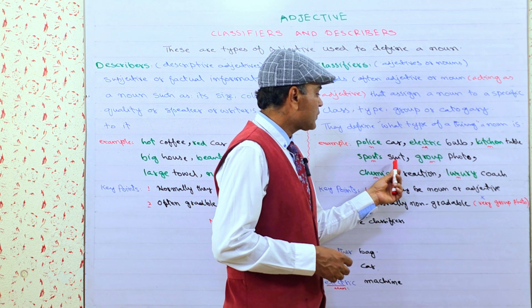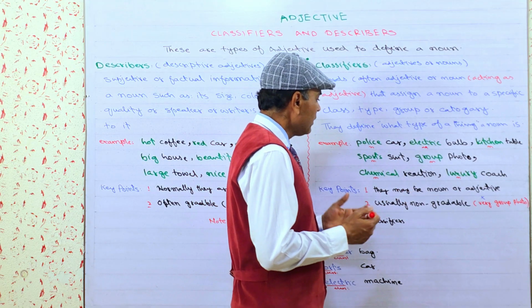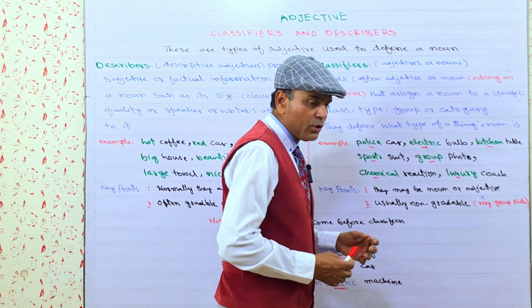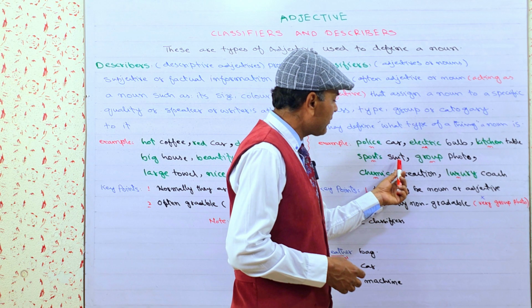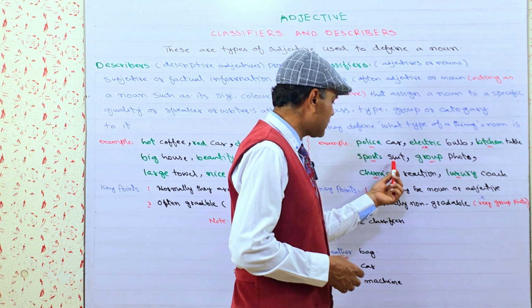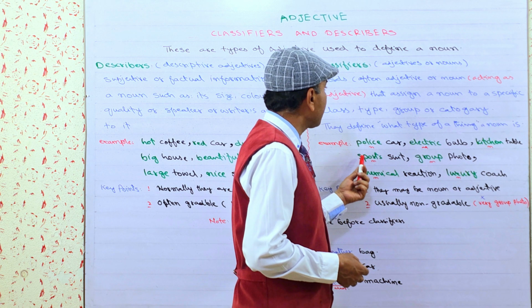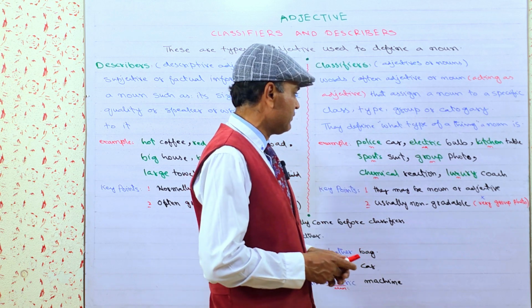A sports suit or a sports shirt, whatever you say. So here sports, you already know, is a noun, but here it tells us something more about a shirt or a suit. Then we will say that this is actually a classifier, and here it functions like an adjective.